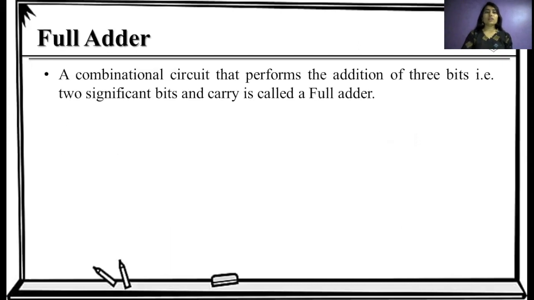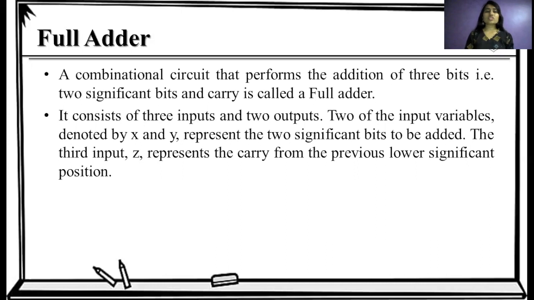Full adder. A combinational circuit that performs the addition of three bits, that is two significant bits and a carry, is called a full adder. It consists of three inputs and two outputs.